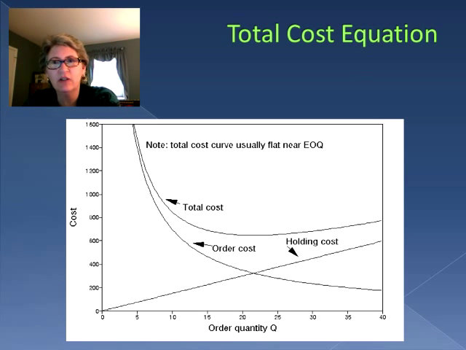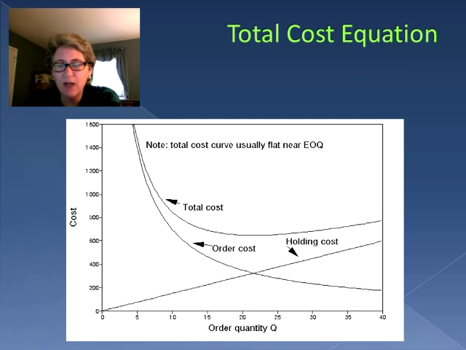Now when we take a look at the total cost equation, we notice a couple of things. One is the setup cost, which is the ordering cost, is a curved line, starting very high, and it flattens out and gets lower and lower. That's because we're spreading the cost of ordering depending on how many items we are ordering at once. If we're going to order 5 times a year, it's going to cost more than if we order 3 times a year or 1 time a year.